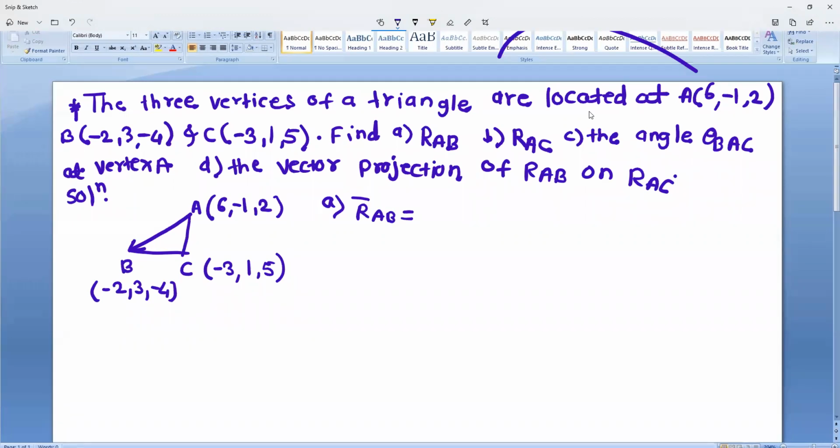Any vector is nothing but end point minus start point. This is vector AB bar, right? So its end point is B and start point is A. So this R bar AB is nothing but B bar minus A bar.